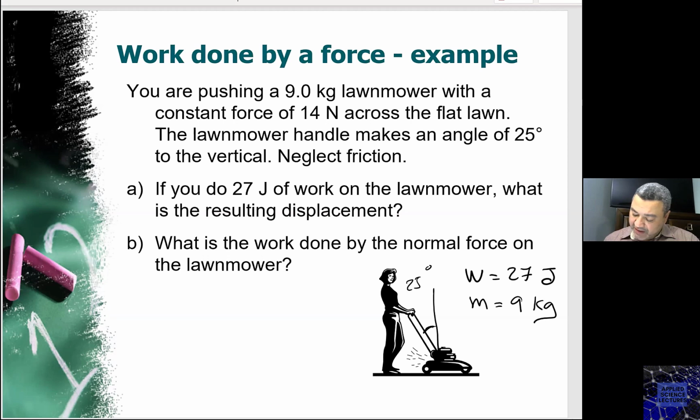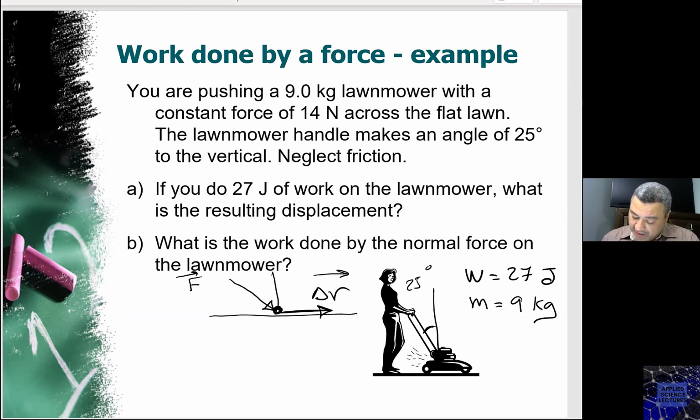So in this case, as you saw, if I am to look at this lawnmower as this point, and then assume that the displacement delta R is in this direction, the force in this direction, which is 14 Newton.